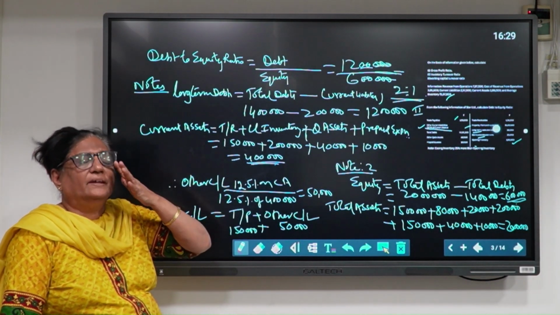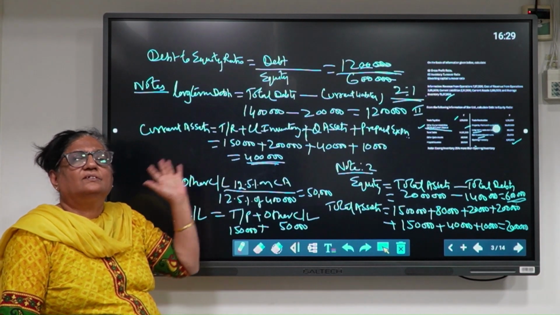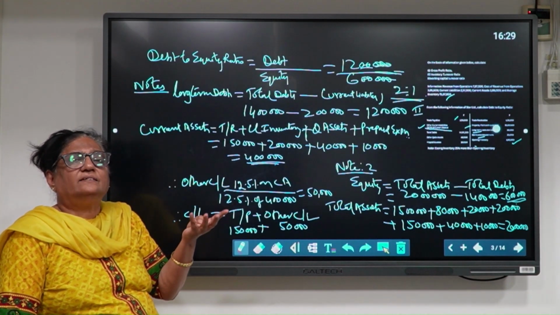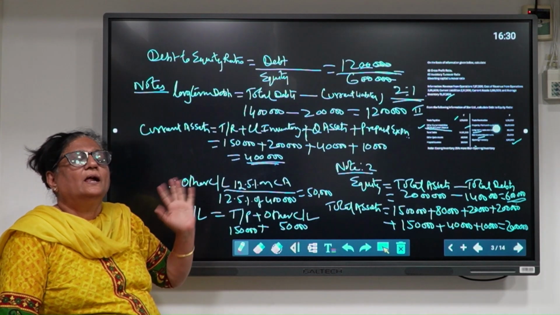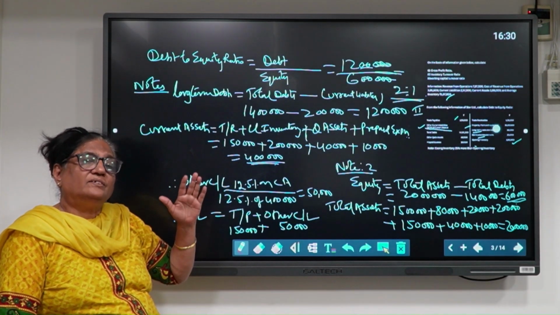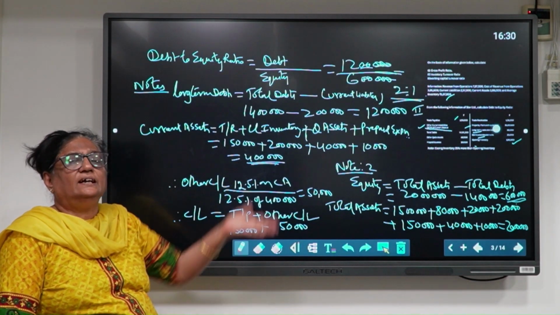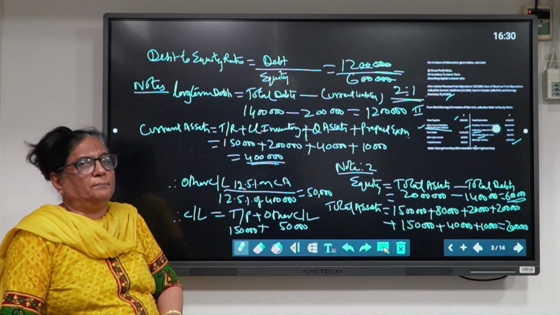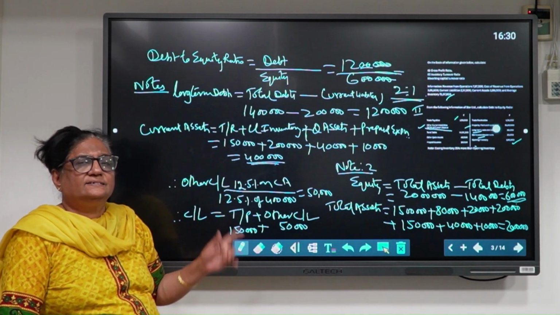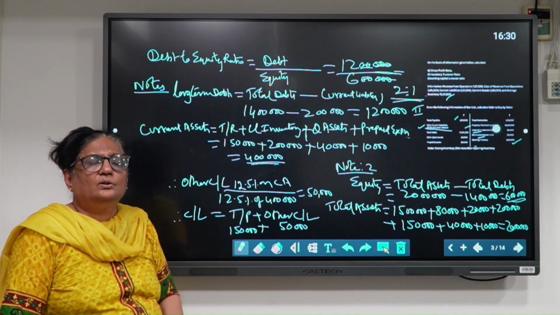Divided by equity means, since only equity shares, preference shares we would have taken, shareholders' fund we would have taken. But here we are supposed to find out equity by taking the total asset minus the total debts. Correct? Is this problem clear with you all?